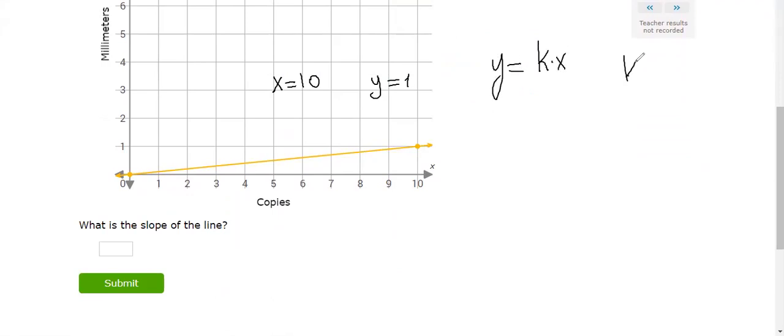So k is equal to y divided by x. What is k in this case? Y is 1 and x is 10. So k will be 1 over 10, which is 0.1. So the slope will be 0.1 because the slope of proportional graphs is the value of k. So we are going to write 0.1 here.